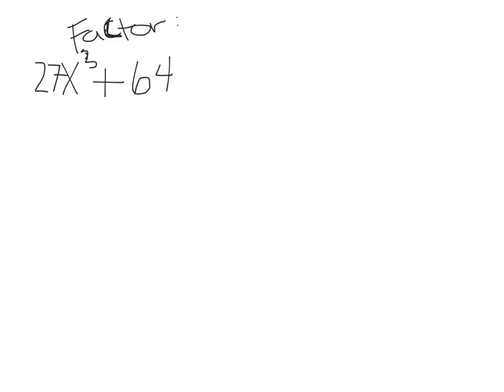So the sum of cubes is a formula, and the formula is on that piece of paper that you have, but the formula goes a cubed plus b cubed equals the quantity a plus b times the quantity a squared minus ab plus b squared.